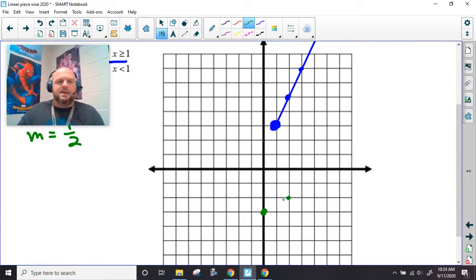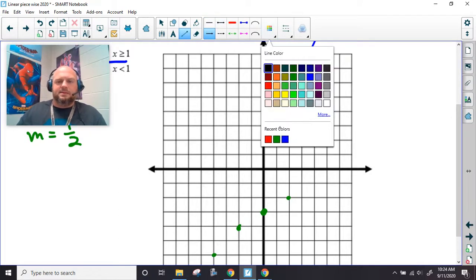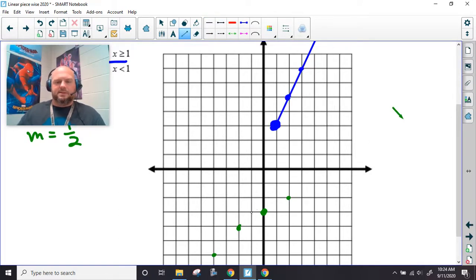Now, this one says less than, so I don't want to keep going to the right. I want to keep going to the left. So I'm going to go kind of in reverse. If I was to graph this one, I know y'all are like, that doesn't make sense, Mr. Jeffries.